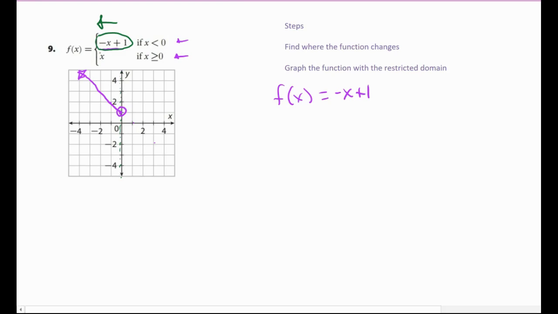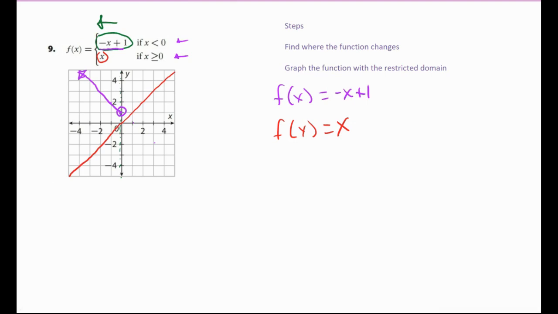Now, the second one here, f of x equals x, is the same thing. I could graph this whole thing, which has a y-intercept of 0, slope of 1, so it would look like this. But again, with this inequality, it says only when x is greater than or equal to 0.